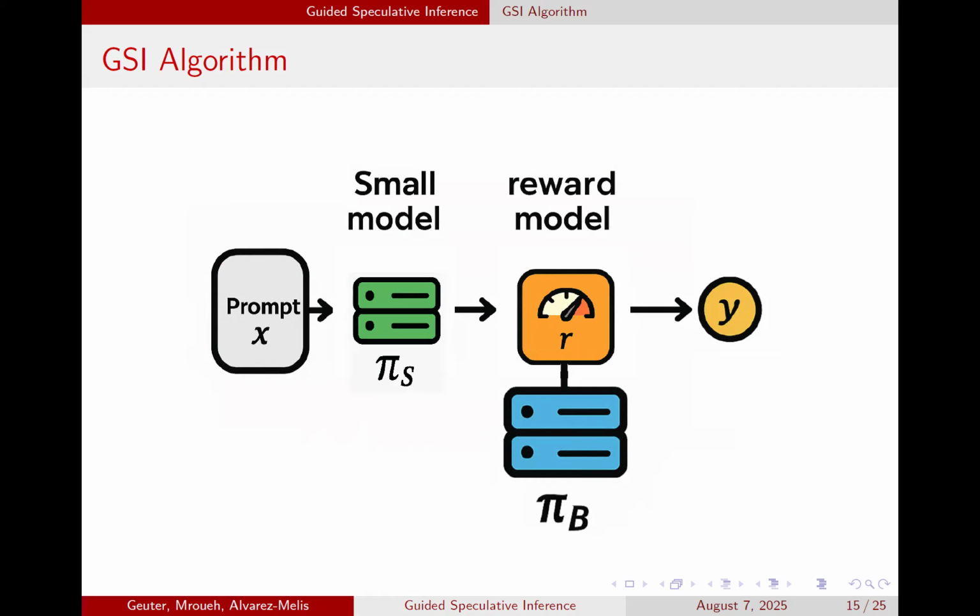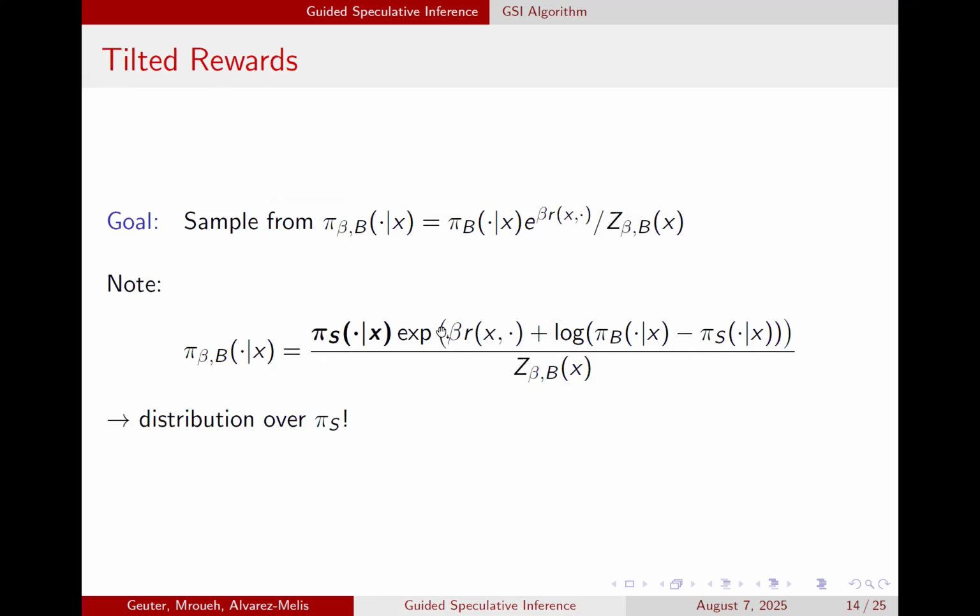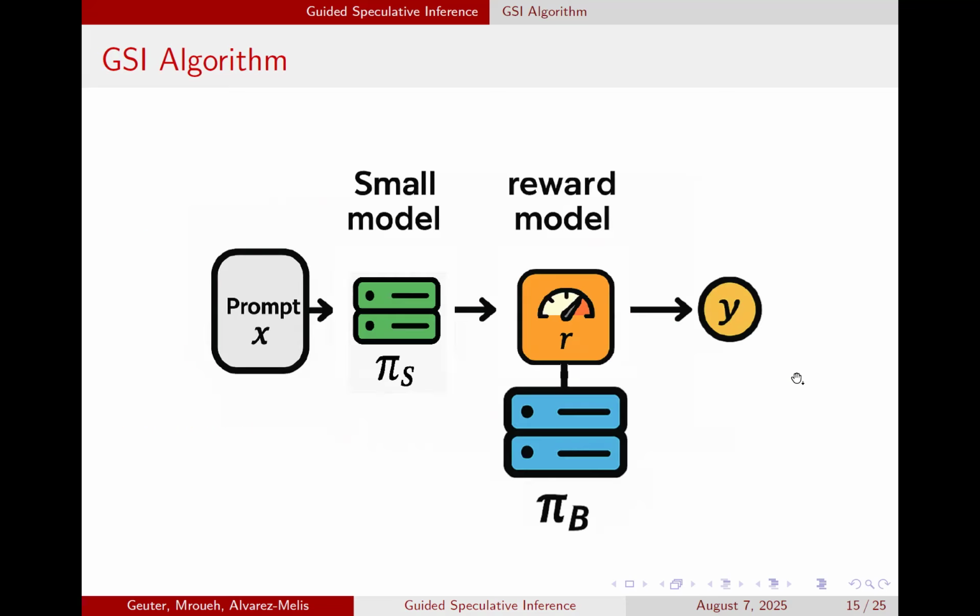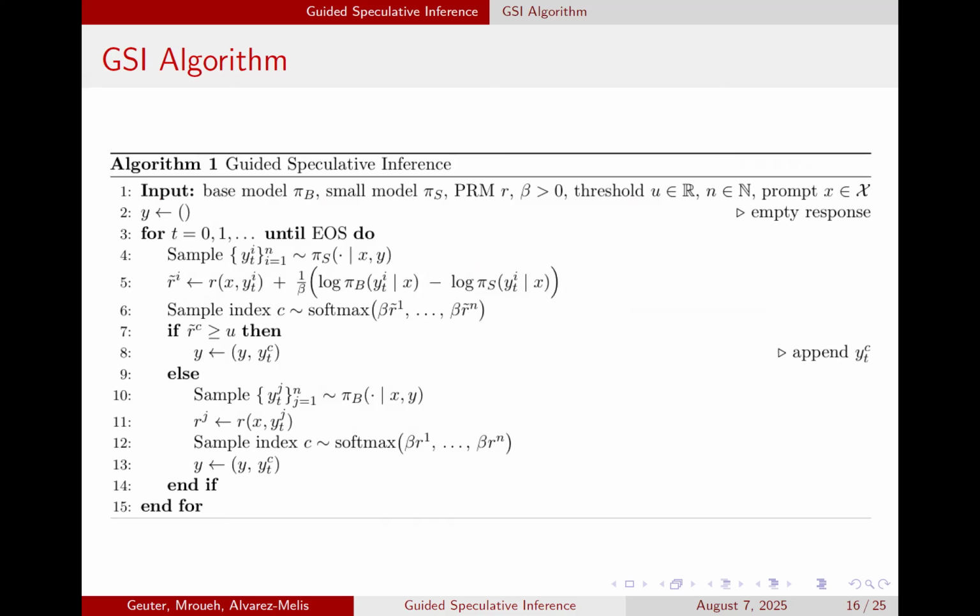Then, using the reward model and the big model pi_b, we compute what we will call tilted rewards, the reward plus this log ratio, for the responses from the small model. We rank them according to these tilted rewards, and based on these, we choose a response from the responses generated by pi_s. Again, we will do this per reasoning step. So what this looks like in our algorithm is this.